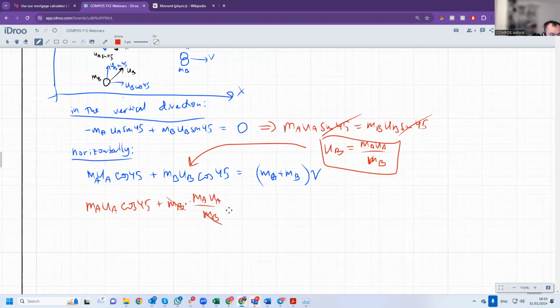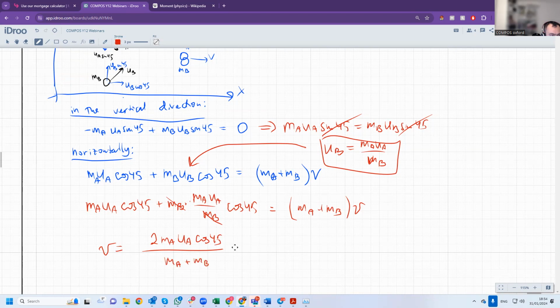Interesting, MB cancels. Cos 45 equals MA plus MB multiplied by V. Here we have V equal to 2 MA UA cos 45 divided by MA plus MB, and cos 45 is square root of 2 over 2.